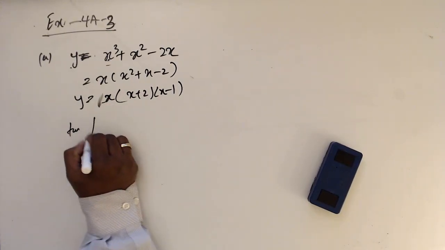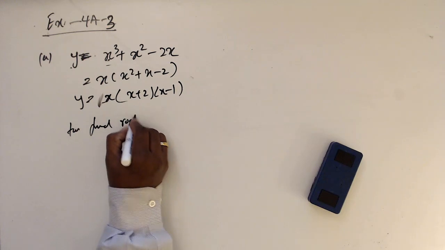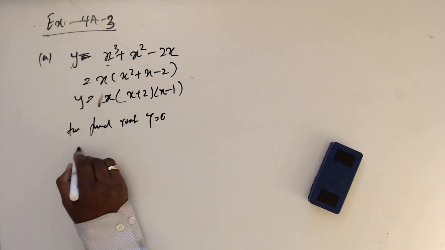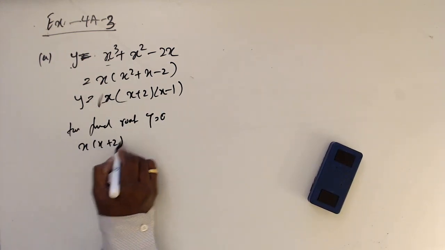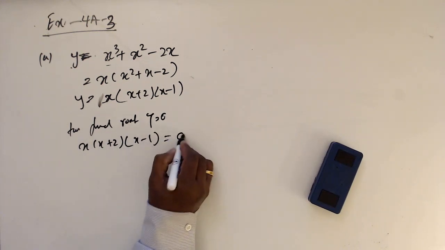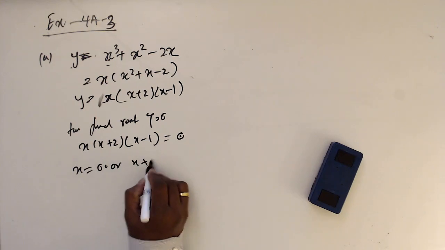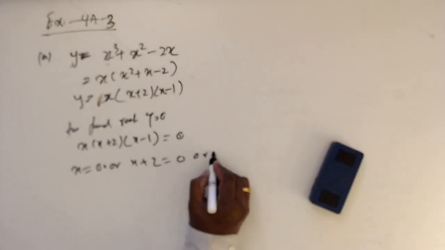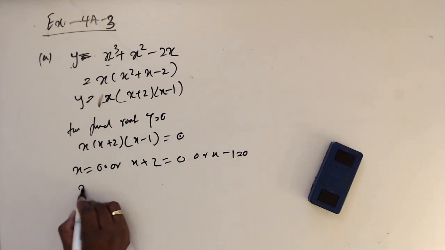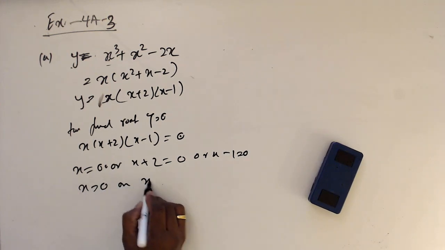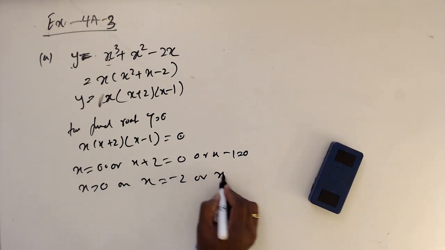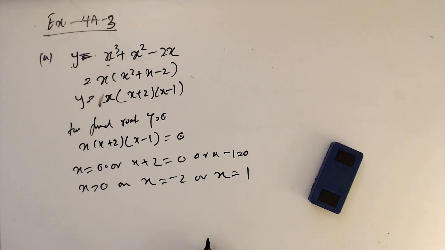Now to find roots, y equals 0, then x times x plus 2 times x minus 1 equals 0. So x equals 0, or x plus 2 equals 0, or x minus 1 equals 0. x equals 0, or x equals minus 2, or x equals 1.